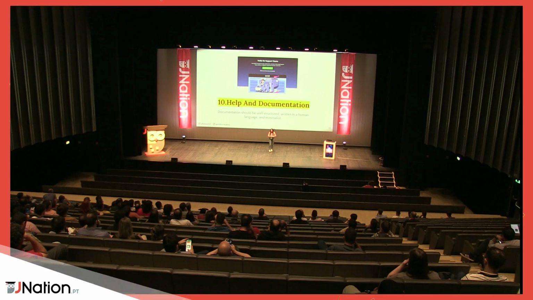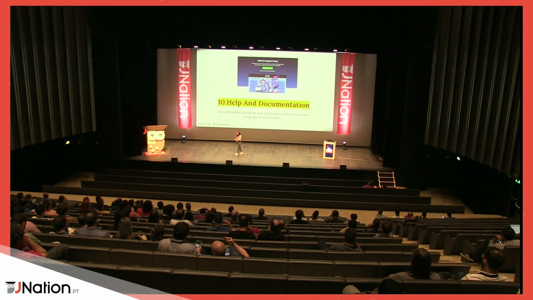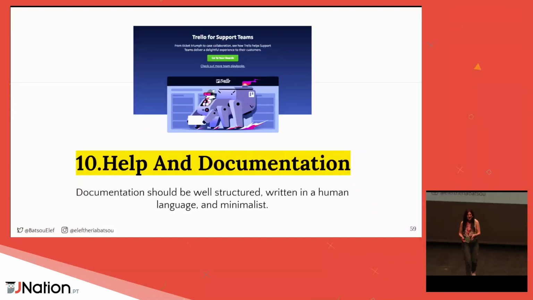Again, you can have something very small, maybe some tips here and there. Again, I think that Slack is doing a really good job at that. It's something small that everyone can see very quickly. It's to the point. The language is very easy and everyone can understand that. So hopefully you should have something similar in your product. And if you don't, then I would suggest you do so.